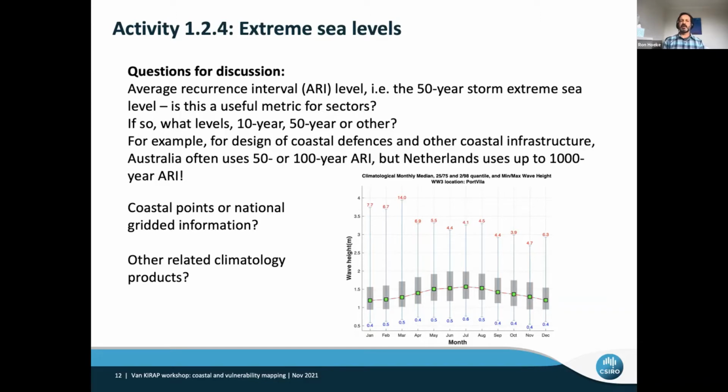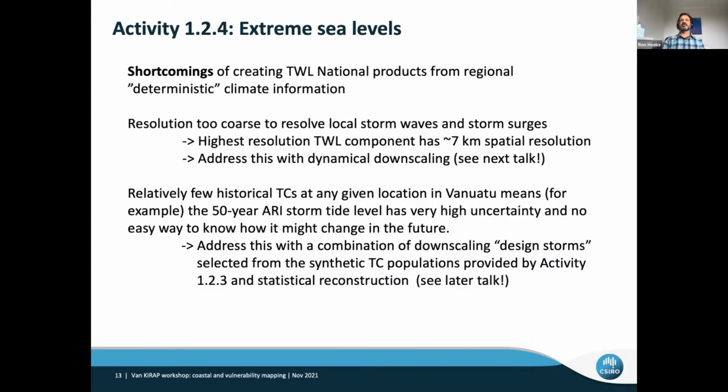But also we could consider delivering other climatology products, because under the bonnet, we've got this hourly total water level, including information on tides and waves and other information. So if there are other climatological products that KIRAP stakeholders would like to see, then please let us know, and let's maybe discuss during the discussion period that comes after these series of talks.